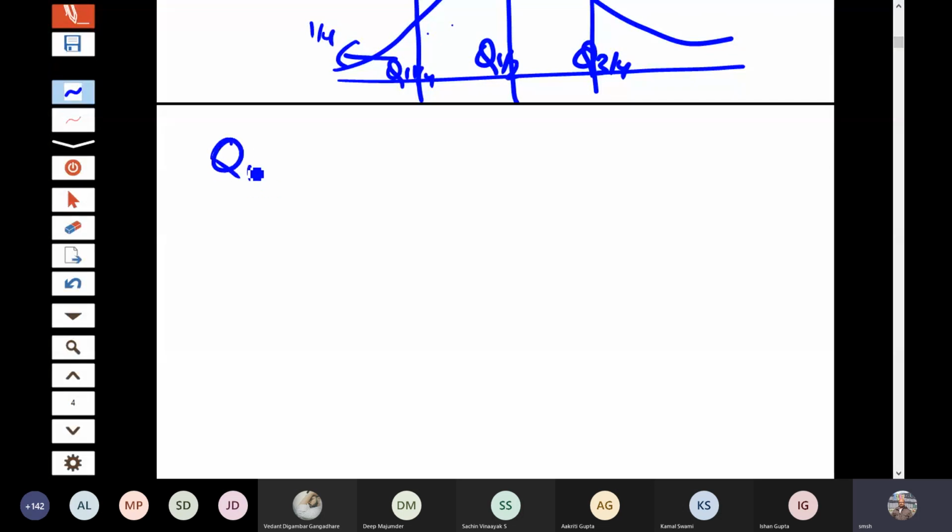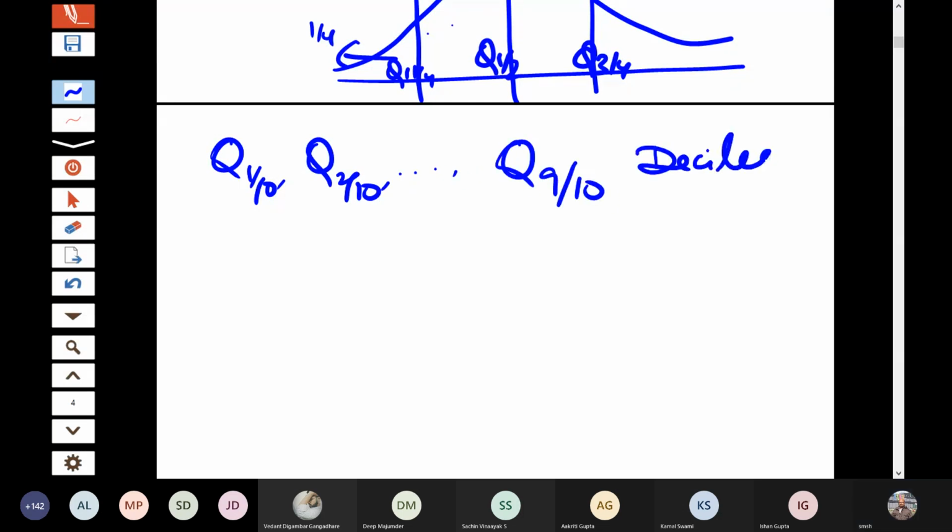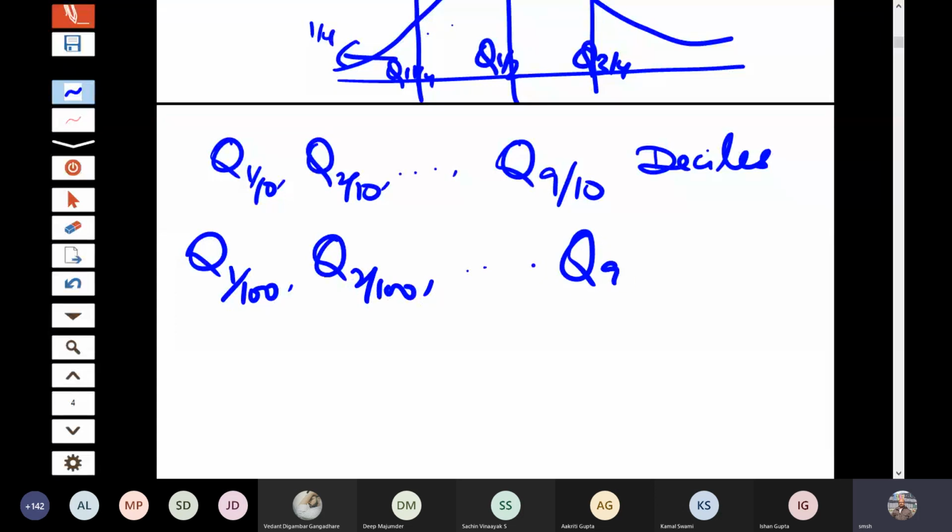For example, Q1 by 10, Q2 by 10, and so on, up to Q9 by 10, are called deciles. You can have Q1 by 100, Q2 by 100, and so on, up to Q99 by 100. These are called percentiles.